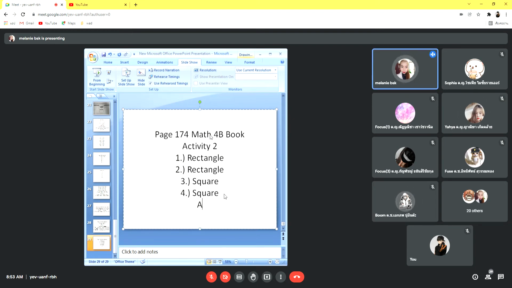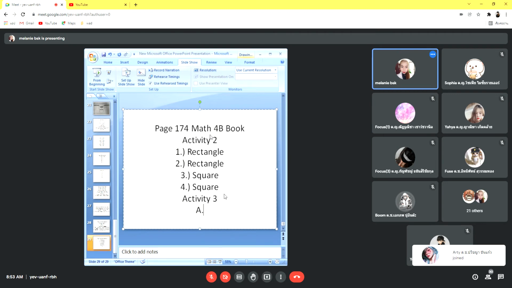How about activity 3, letter A? We have: which items are equiangular quadrilaterals? Sophia. All of them. Okay.